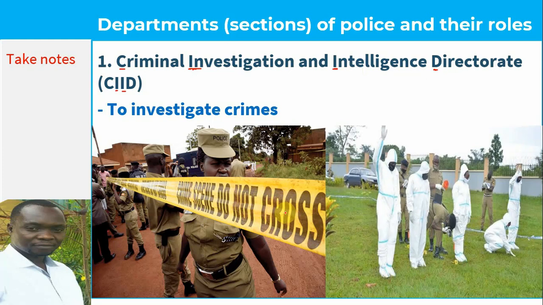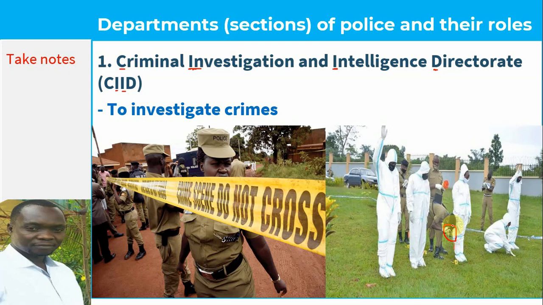This is to allow investigation to take place very well. The police in this department also use cameras. As you can see this police officer here, they use cameras to investigate the crime so that they can know the criminal who has committed the crime.